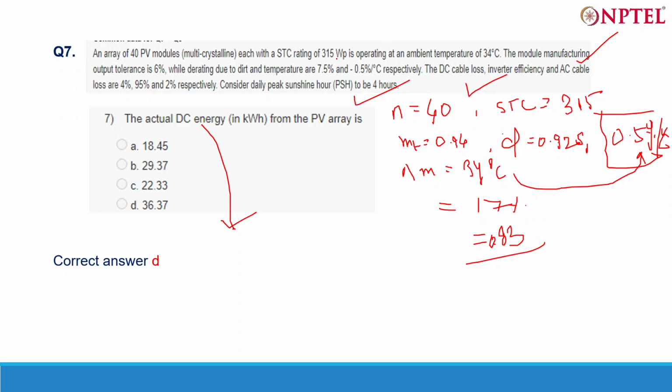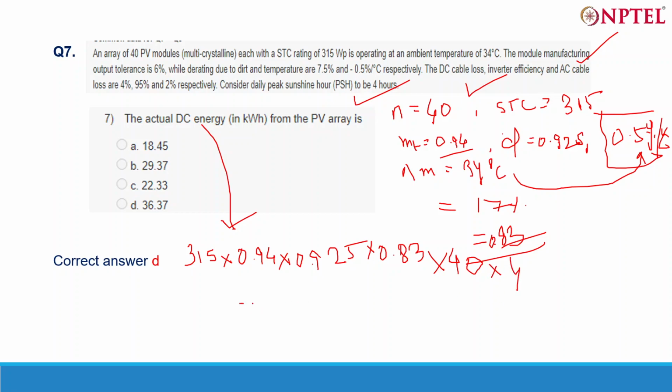So what is the specific output, STC rating 315, into the 0.94 manufacturing tolerance, and the derating due to dirt 0.925, into this ambient temperature factor 0.83, into the number of modules, which is 40, and the number of hours of operation, which is 4 hours.